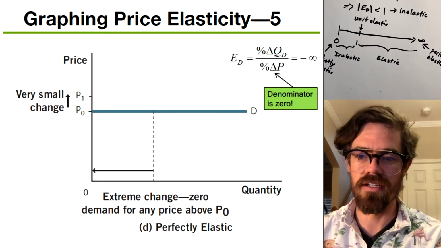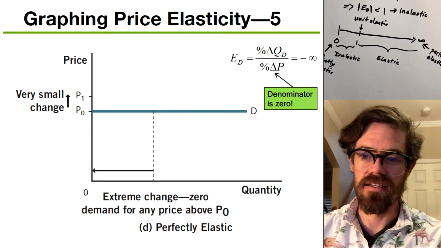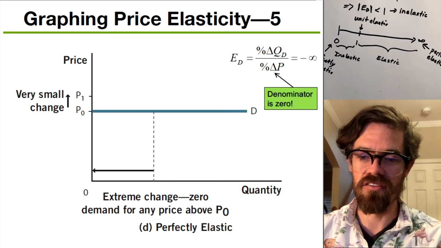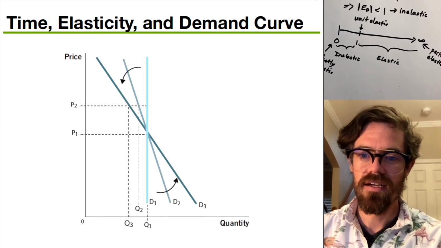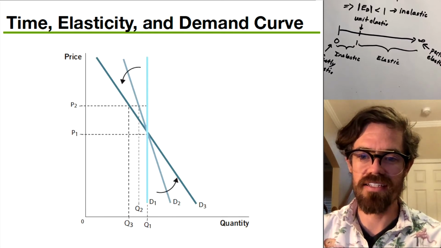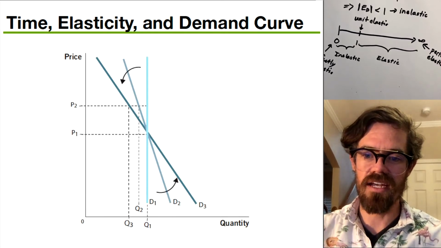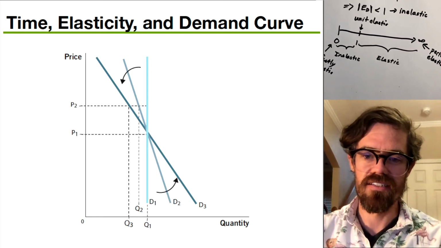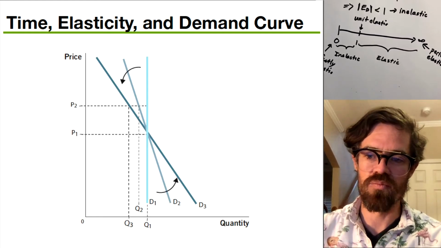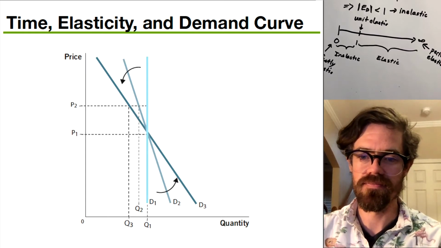It'd be a horizontal line, and the elasticity would be negative infinity, so perfectly elastic. So just to summarize all of that, as the demand curve gets flatter, it becomes more elastic, and as the demand curve gets steeper, it becomes more inelastic.